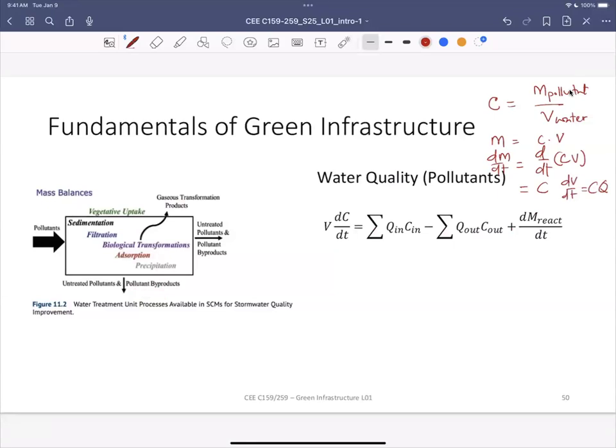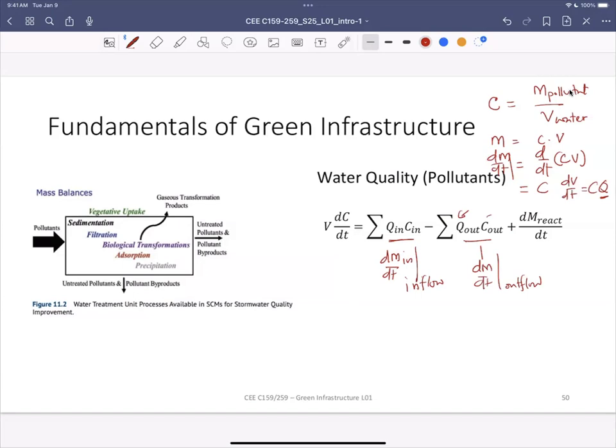So this is the amount of pollutants coming into the system through the flow rates: Q times C in, the mass of pollutants coming in as inflow. And this is the mass of pollutants leaving the system as outflow, because there is a flow rate term and then the concentration term.